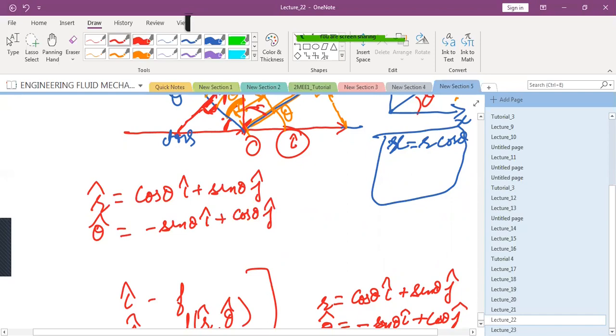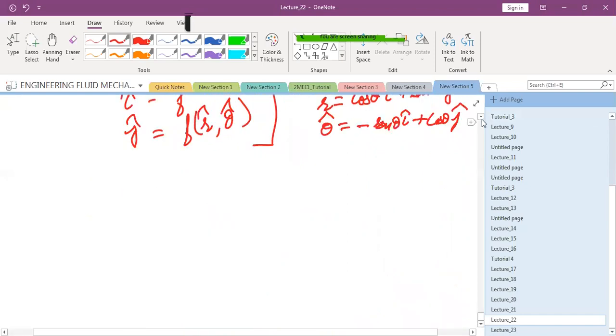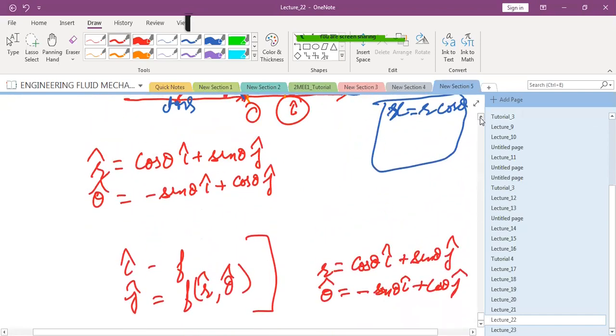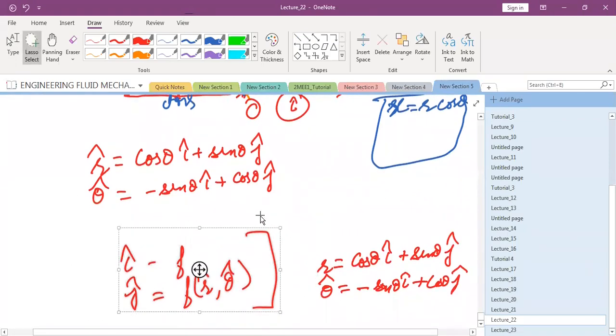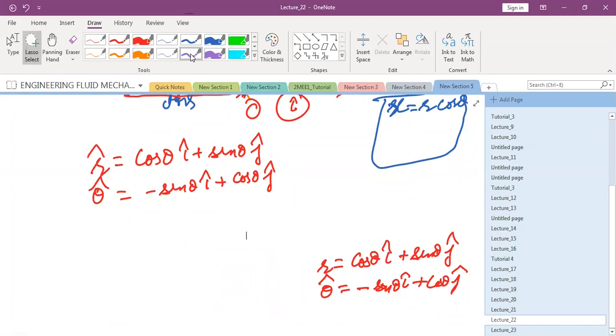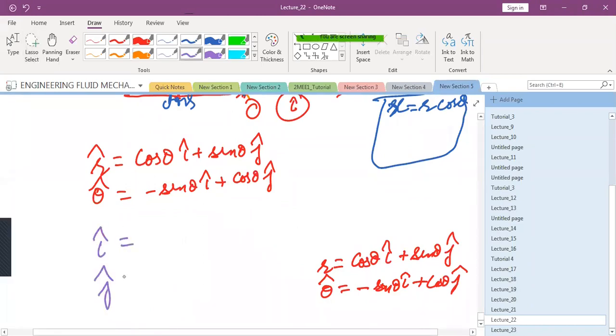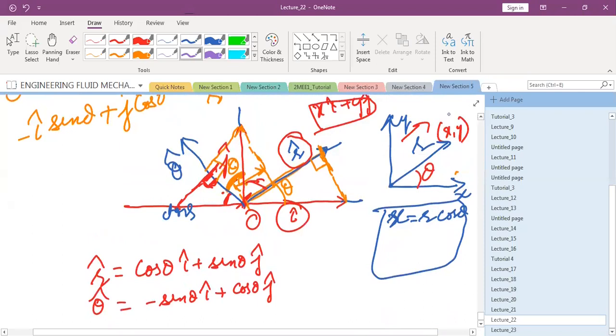Now I want from your side to find out what I should write down here, for this case. i cap is equal to what and j cap is equal to what in terms of r cap and theta cap? How will you write it down?